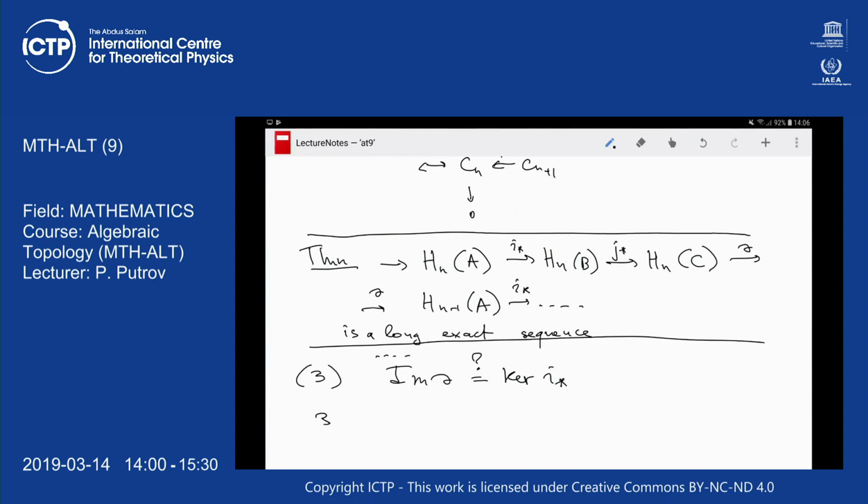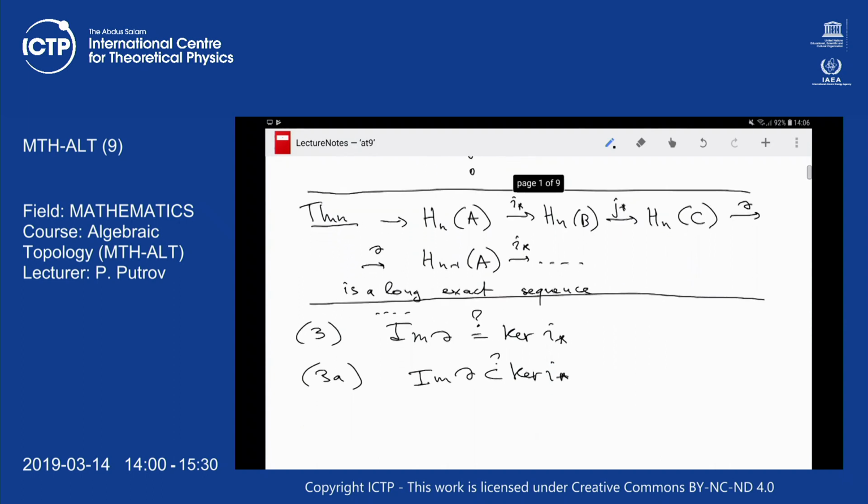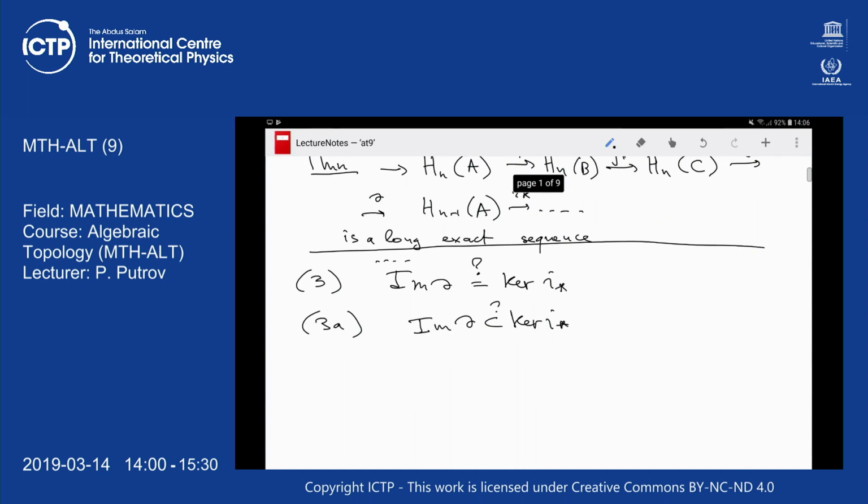And again, we can split it into two parts. The first part will be to show the inclusion in this direction. So let me take some element in the image.